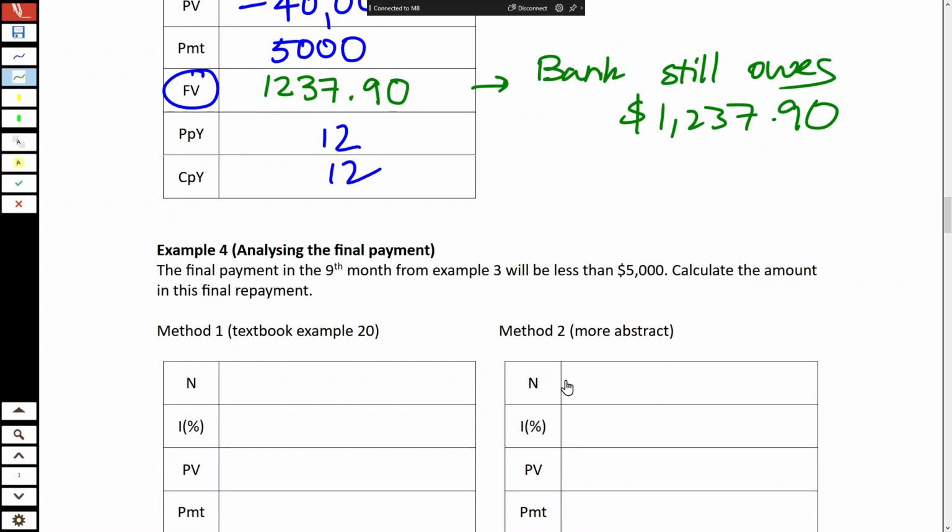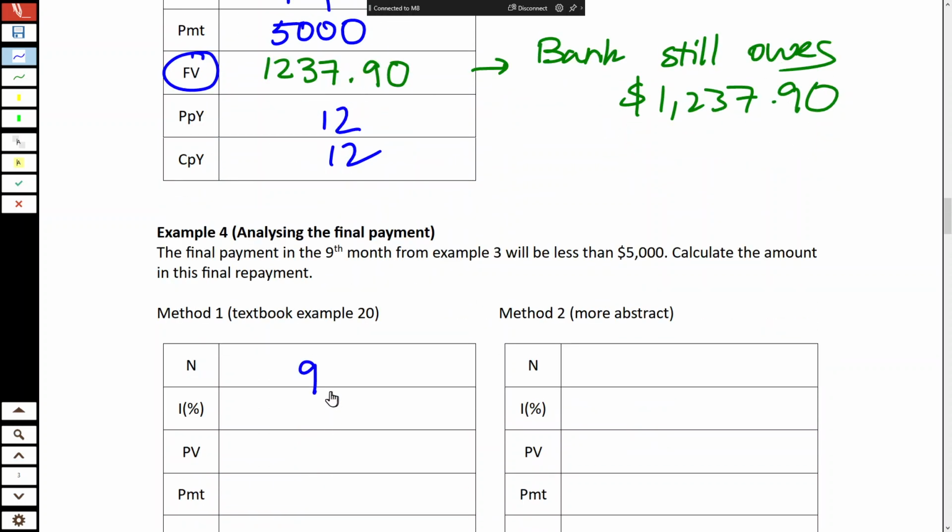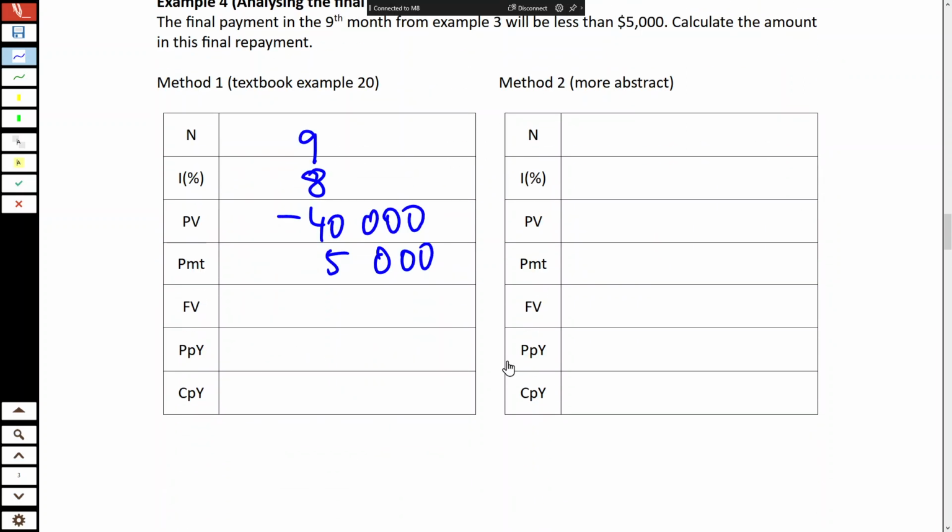What they do is they say, let's imagine it runs for 9 months. So keep all the numbers the same except for n, change that to 9. And recalculate the future value. What do you get?